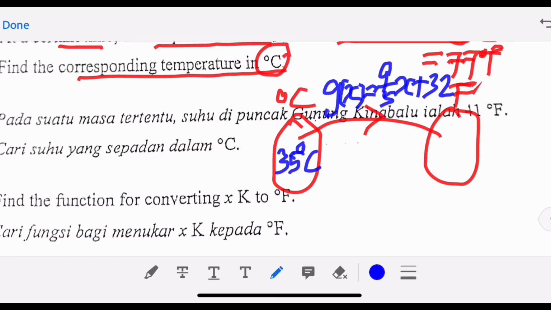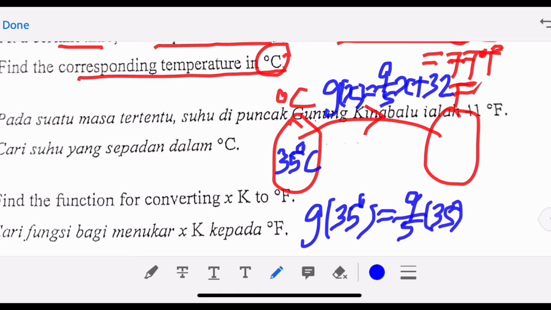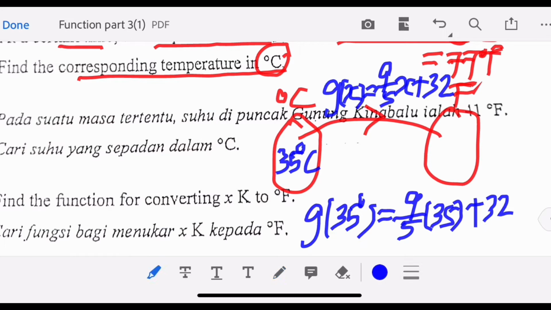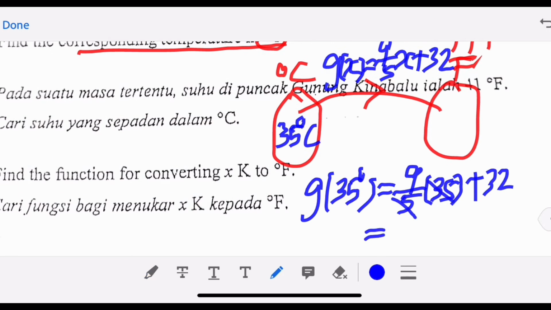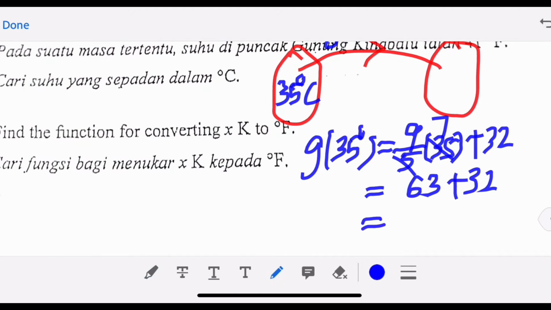So if I ask you how many Fahrenheit is your temperature, you say, oh, I know there is a formula for me to convert. So g(35). Then you substitute, okay, 9/5 times 35 plus 32, right? Got it? Then you simplify, 95, something like that. So if you want to give me the answer for Fahrenheit, this is the answer. Okay? Clear?